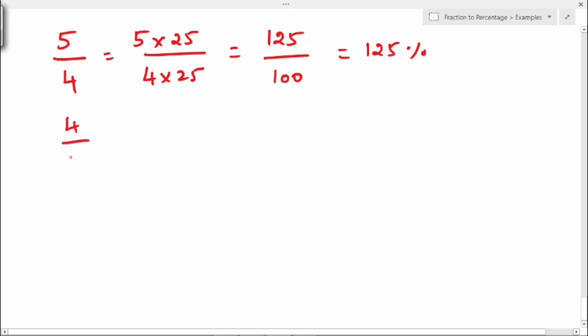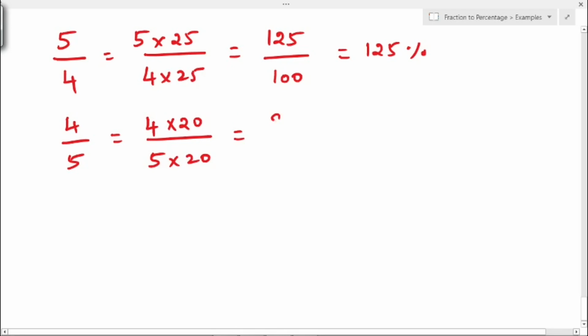Suppose we have 4 divided by 5. In the denominator the value should be 100. For that we have to multiply with 20, right? If you multiply 5 into 20, you will get 100. So both the numerator and denominator we have to multiply with 20. So 4 into 20 divided by 5 into 20.